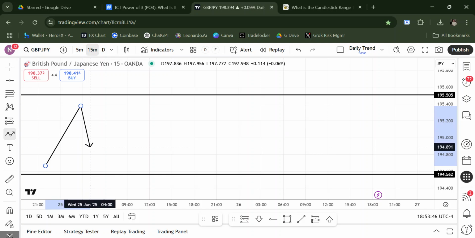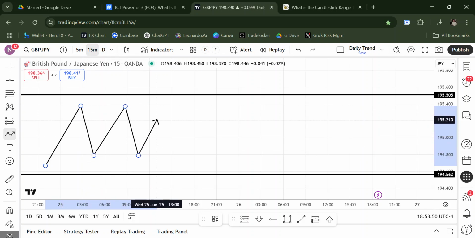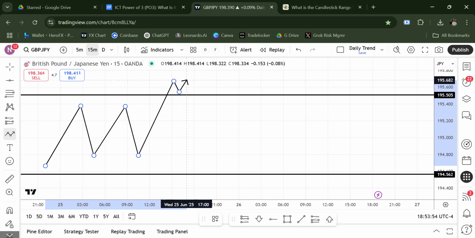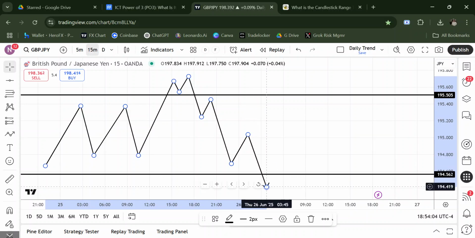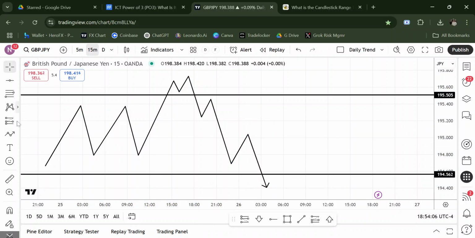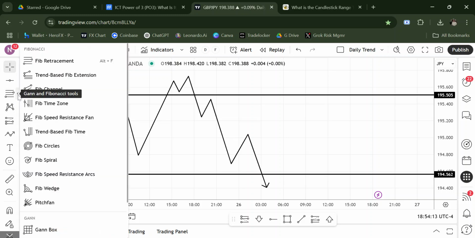You're looking for a price to just accumulate inside the prior day high, prior day low, and eventually go up and then close back inside of it. And ideally, your best entry for distribution will be a fair value gap below, not above, below prior day high.